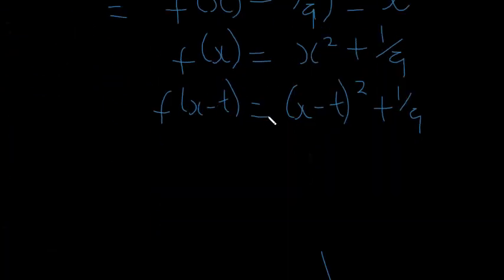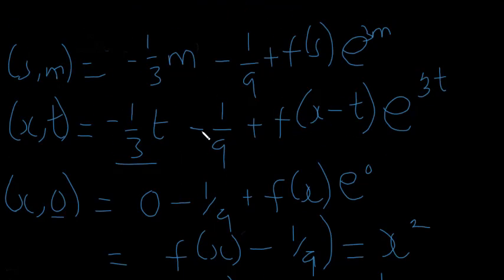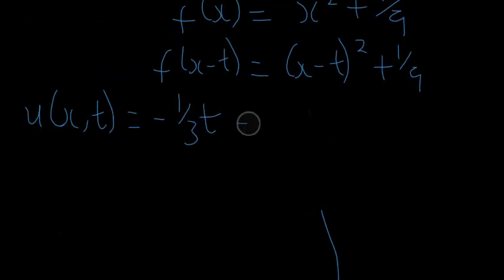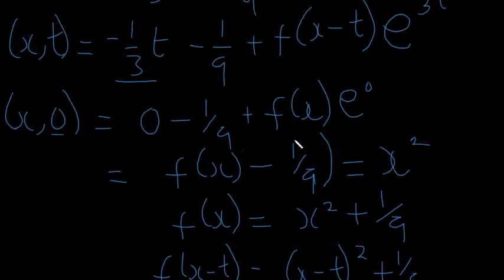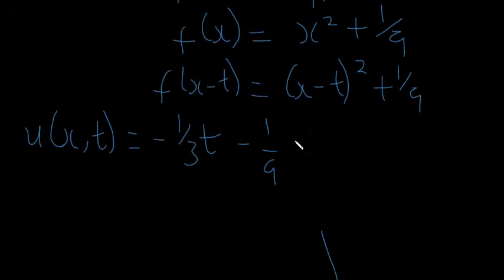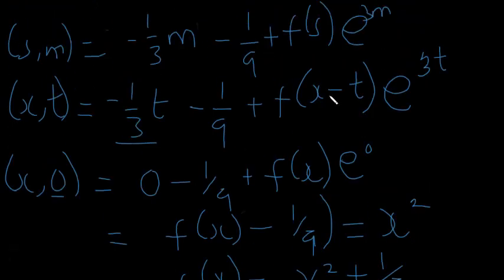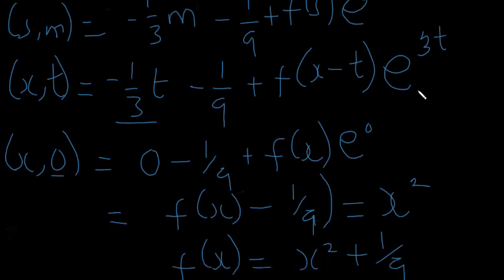So once I have these, I can plug it back into this equation, and that becomes my solution. So u of x, t becomes negative 1 over 3t minus 1 over 9, plus I have all these multiplying e to the 3t.